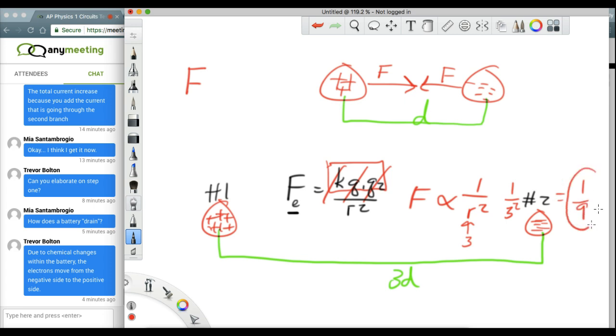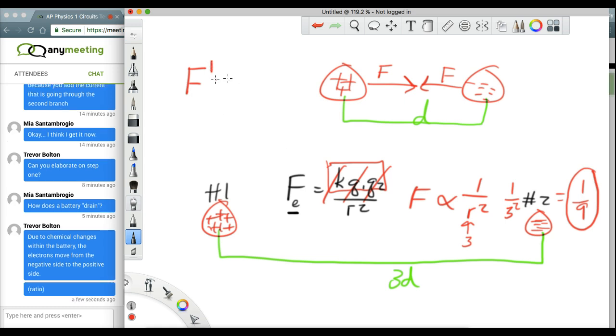So my multiplication factor is 1/9. So what I'm telling you is that the new force, which I'm going to call F prime, is equal to the old force times 1/9, which can also be rewritten as the new force is equal to the old force divided by 9. 1/9 of the old force is the new force.